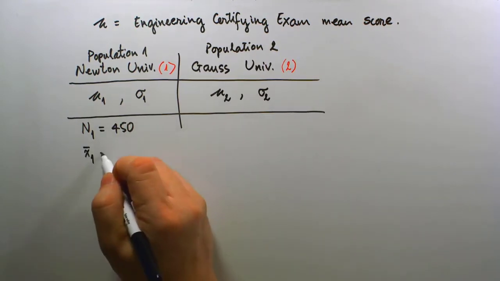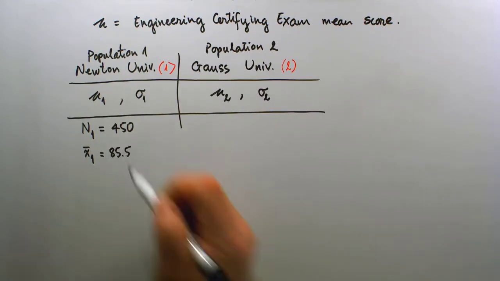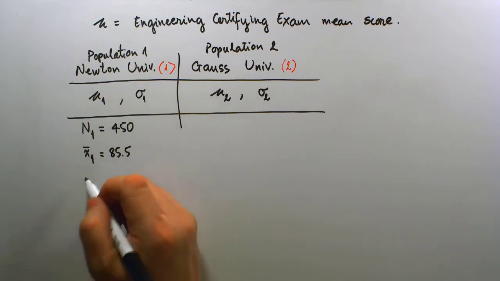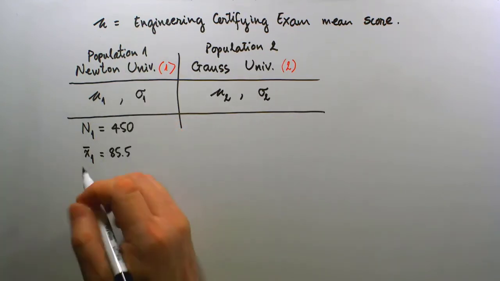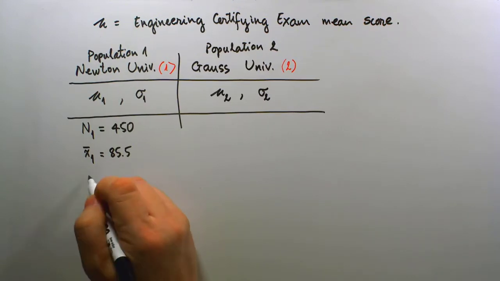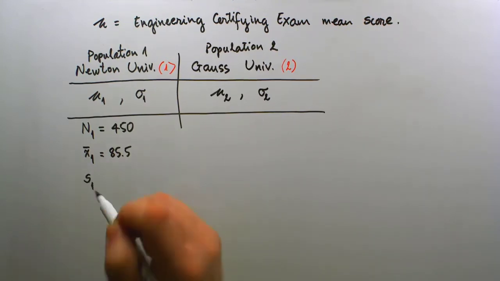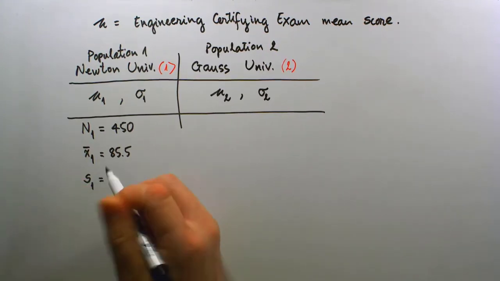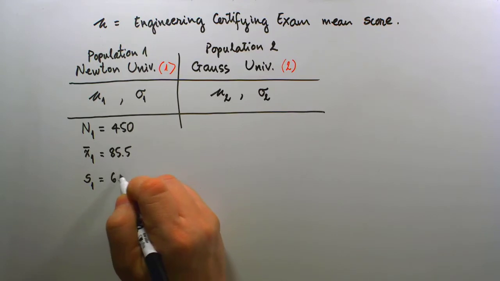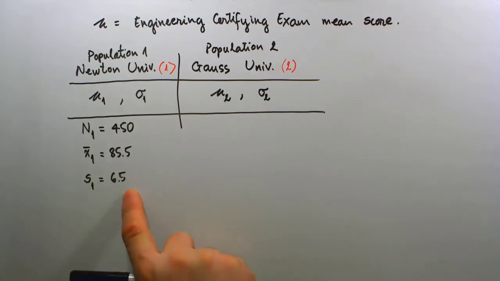And this is 85.5. And further, in this sample that we selected from population 1, we also had a sample standard deviation. And since it's from population 1, I give that subscript 1. So S1 here is 6.5. So this is the sample standard deviation of the sample that came from population 1.